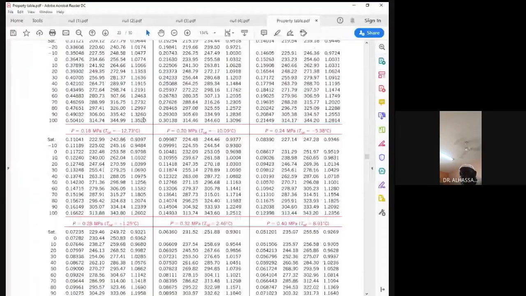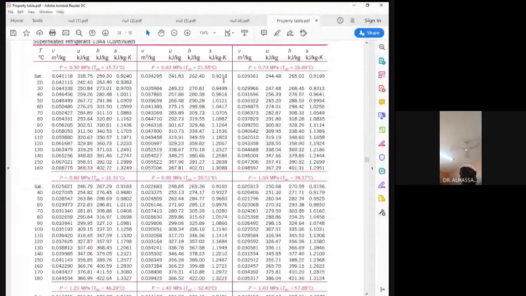At the superheated state, 0.7 megapascal and 50 degrees Celsius, the properties are this. Please, next time bring this property table with you and help me read, so we can proceed very fast. Now, according to this property table, let's continue with the solution of this question.